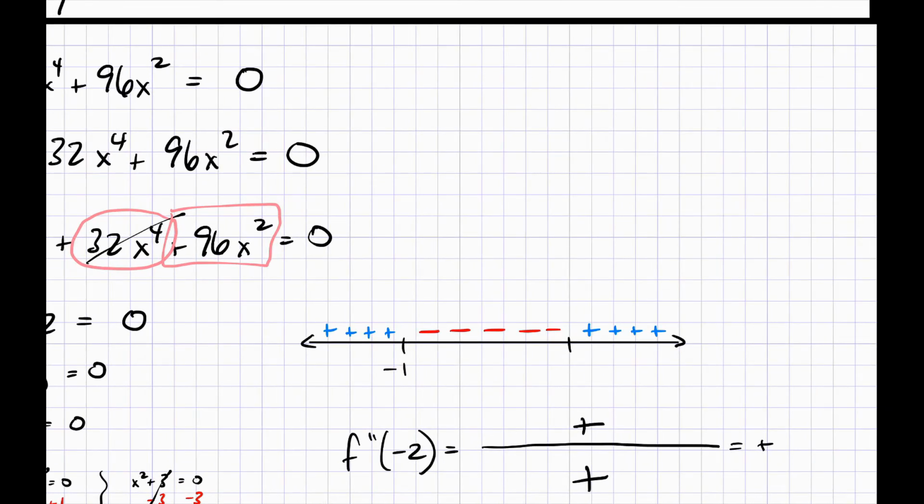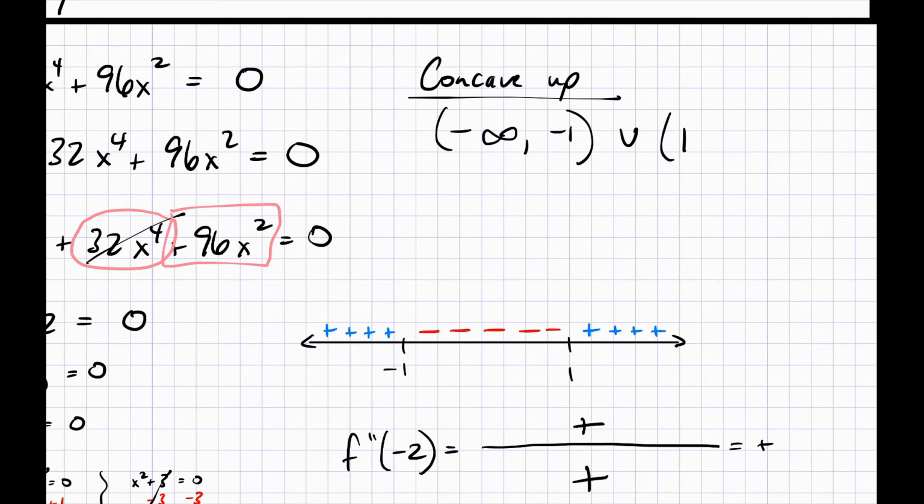Okay. Done with the problem. Now we got to sum it all up. Concave up where it's positive. So concave up from negative infinity to negative 1, or positive 1 to positive infinity. That's where the pluses are.